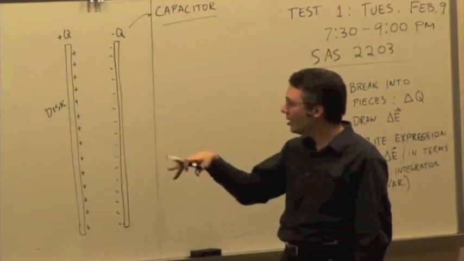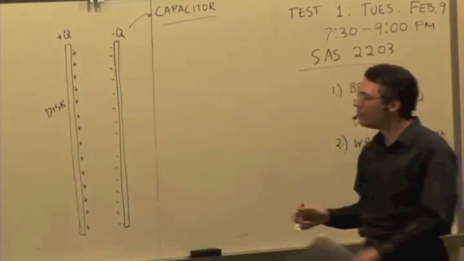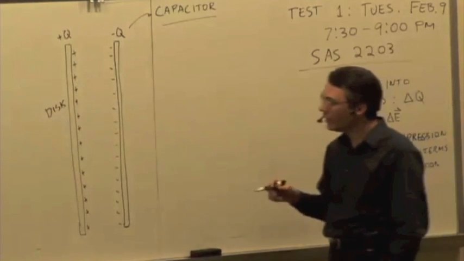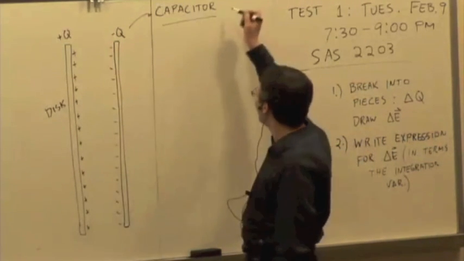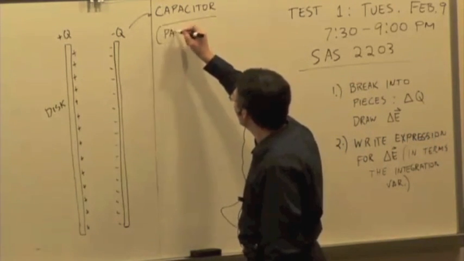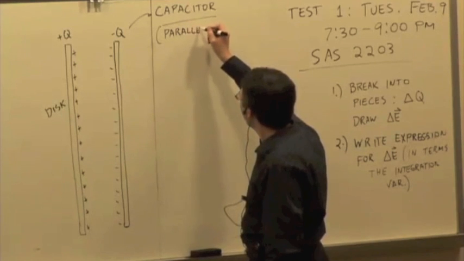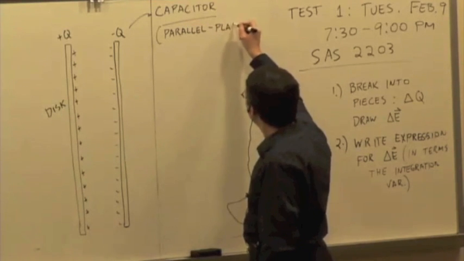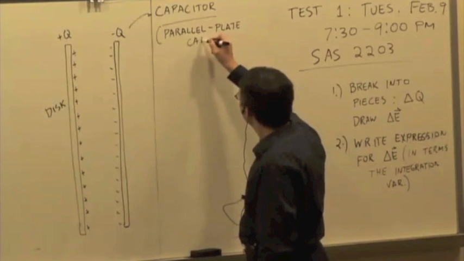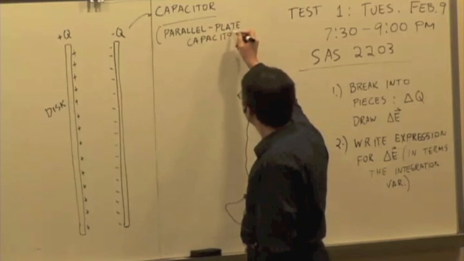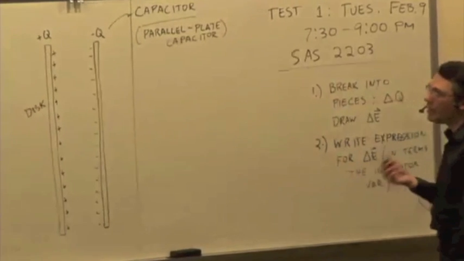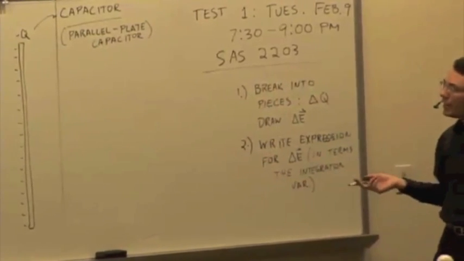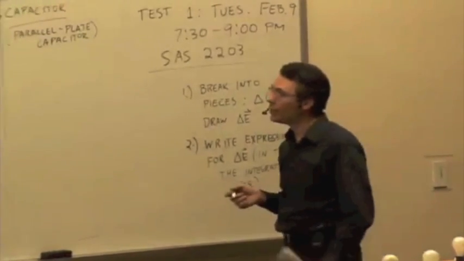But basically, if you connect it to a battery, you can drive current onto the capacitor, and charge builds up on either side. So you have what's called a parallel plate capacitor, specifically. Two disks, with the same magnitude of charge on each side, but oppositely signed charges.